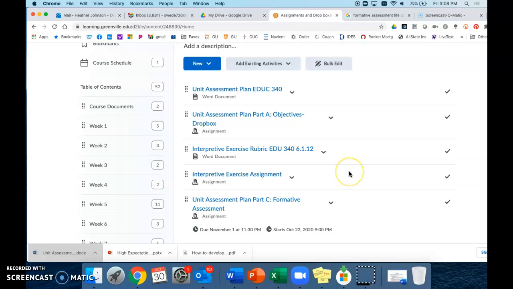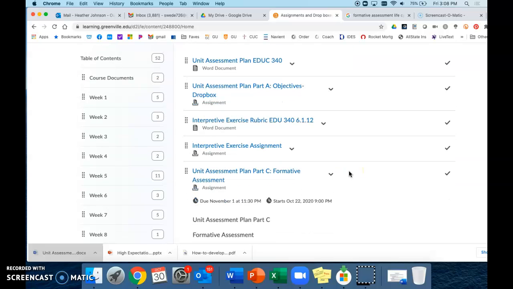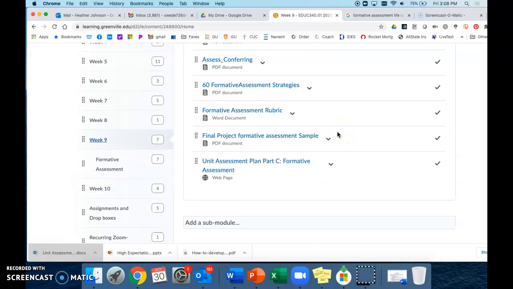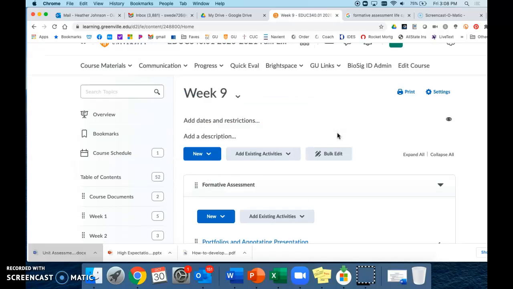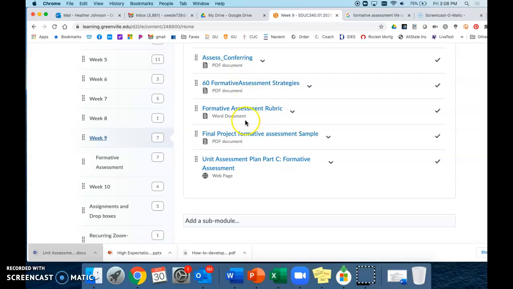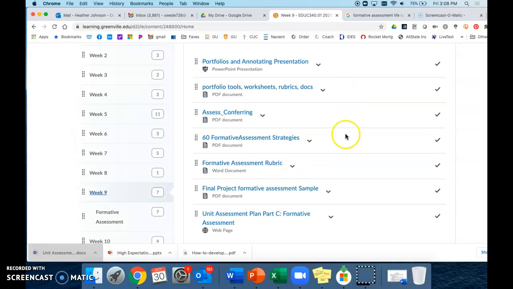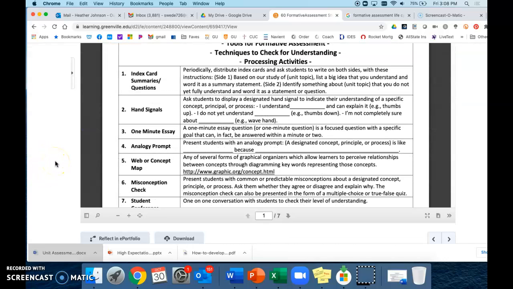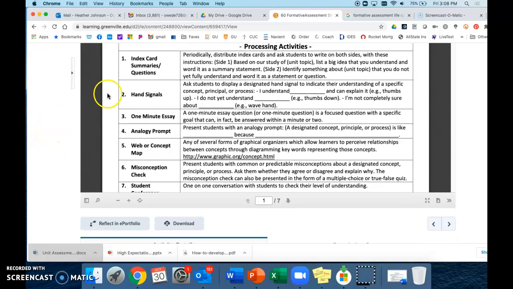So let's see, that was week 9. Okay, so this is week 9. I put lots of examples in here of different types of formative assessments. So let's just click on this one. This one has a ton of examples of different tools, because you don't necessarily have to go with the typical glue the life cycle in order. You could come up with some other ones.